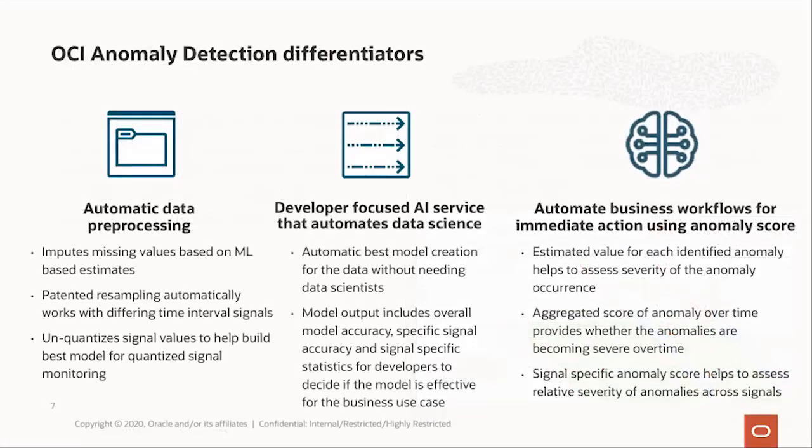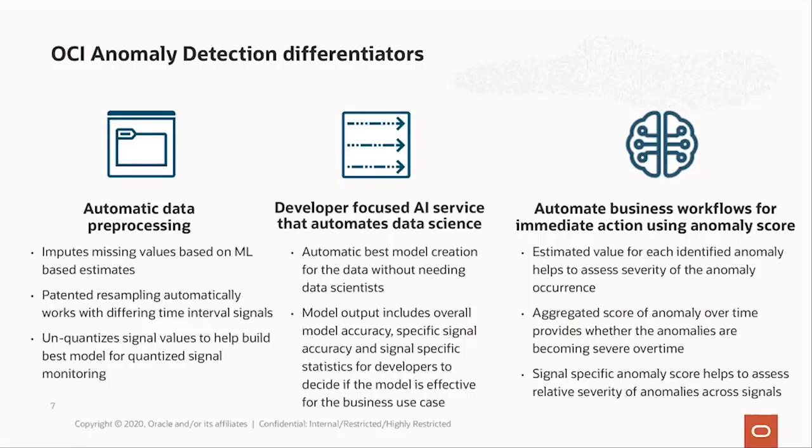Having said that, your question would be, what are the differentiators of this service? Like, what is different in OCI anomaly detection compared to what's in the market, either open source or in the competitors' portfolio? There are 3 differentiators that I want to highlight. One is OCI anomaly detection automatically pre-processes the data. So if you have worked with any time series data, you know how difficult it is to really get good quality data, because you do end up with missing values because of dropped signals.